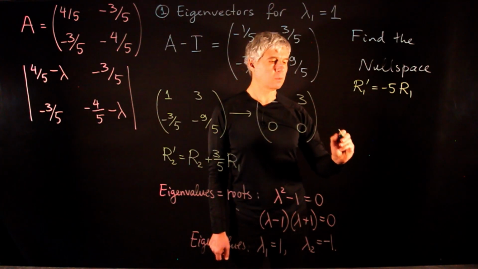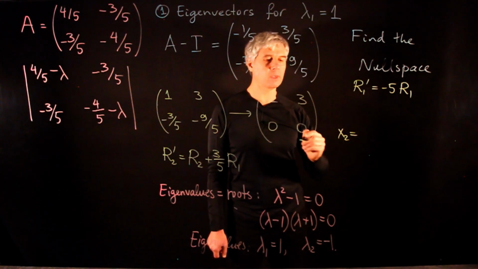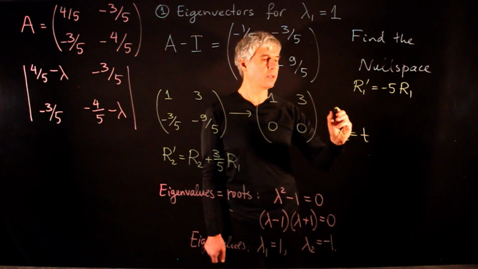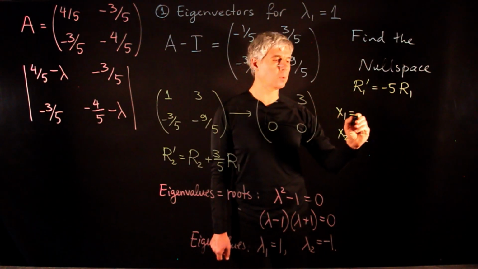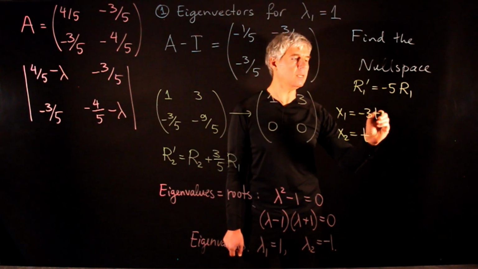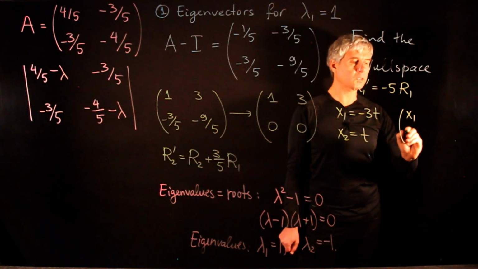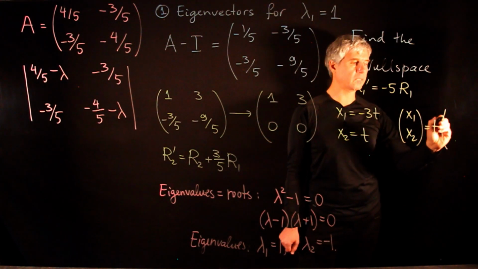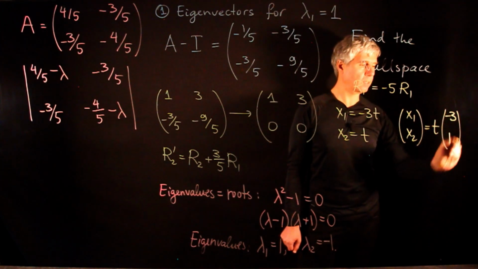So here we assign the parameter t to a free variable x2, and then x1 is equal to negative 3t. So x1, x2 is a t multiple of a vector negative 3, 1.